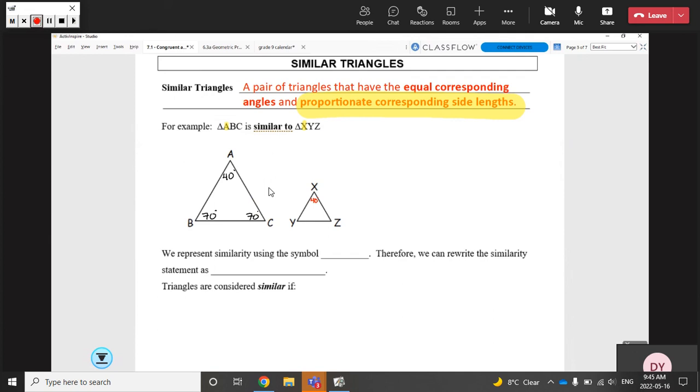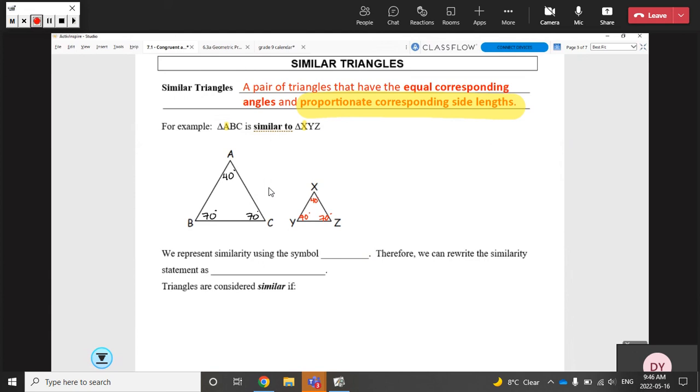Likewise, if angle B is 70, that means angle Y must be 70. And if C is 70, then angle Z must also be 70. So far, congruent and similar triangles have the same characteristics, right? They all have those equal corresponding angles.